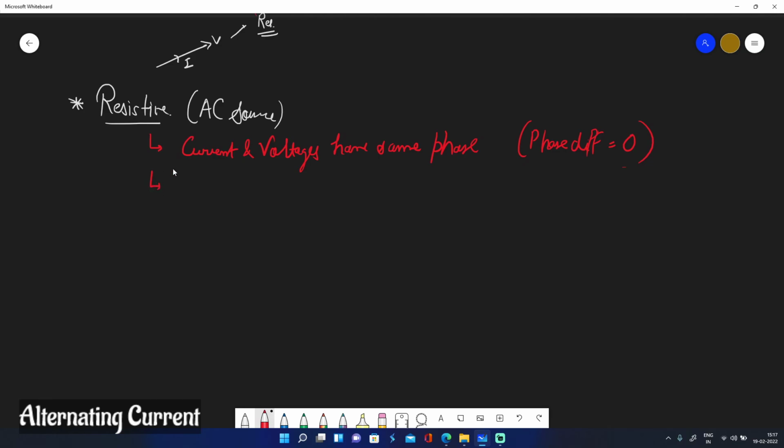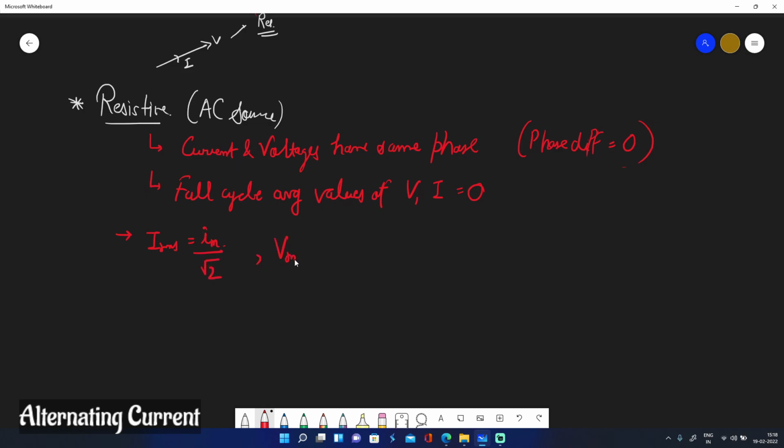Moreover, full cycle average values of voltage and current are 0. Also, we saw some important expressions. IRMS is nothing but the maximum value for a sinusoidal wave divided by root 2, Im by root 2.